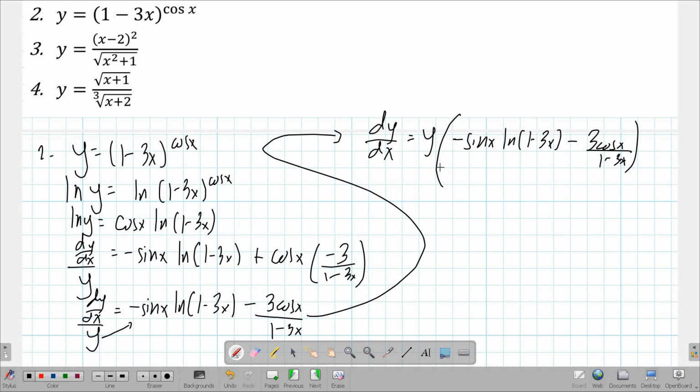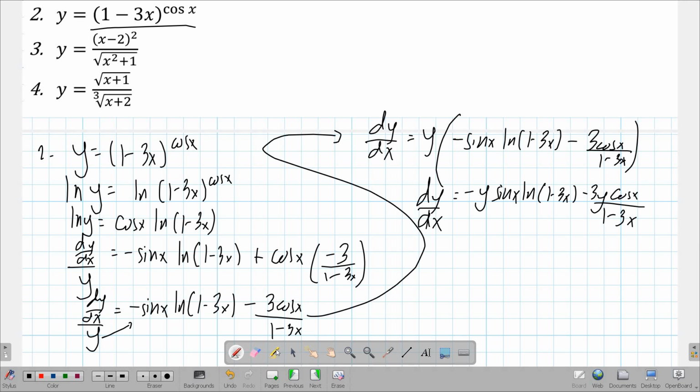Since y is equal to this, we would have to distribute that y. I'm going to distribute first the y before changing it to its original form. So that's negative y sine x ln of 1 minus 3x minus 3y cosine x over 1 minus 3x.